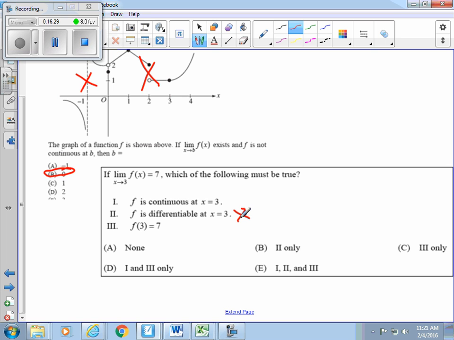I want you all to think. The limit as x approaches 3 of f of x is 7. Which of the following is true? And I'm telling you that it's not necessarily differentiable, and we'll talk about that word later.